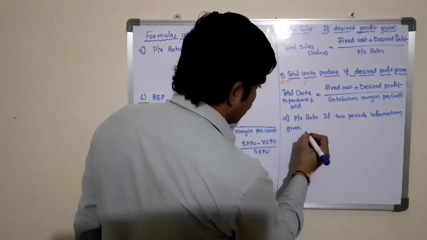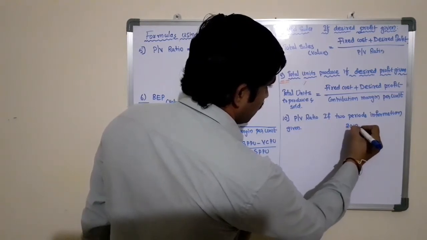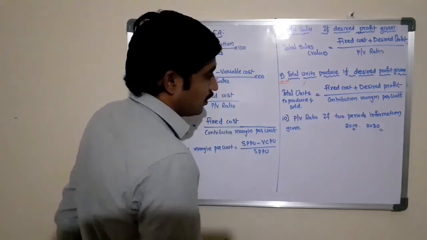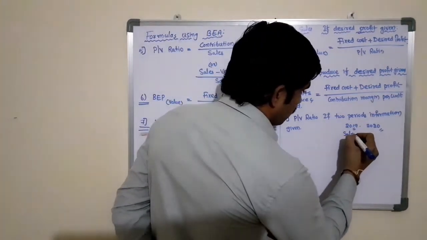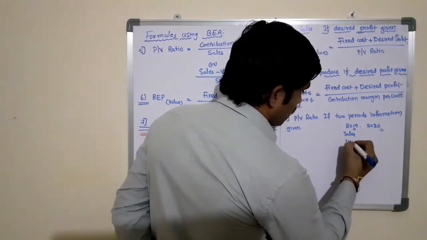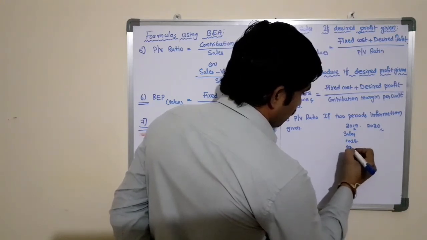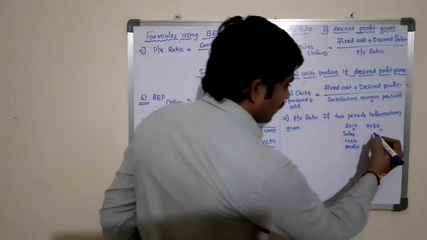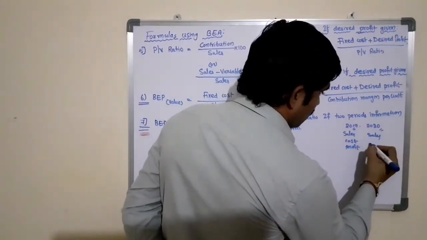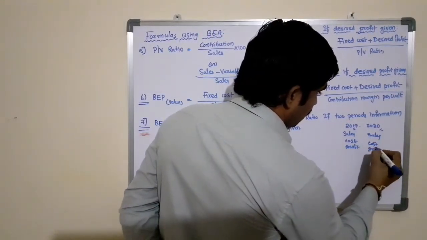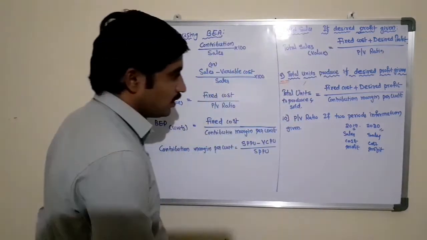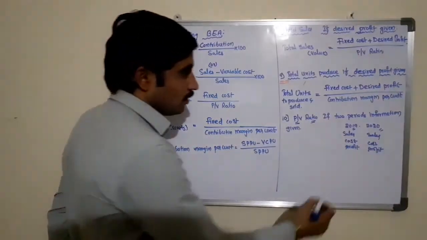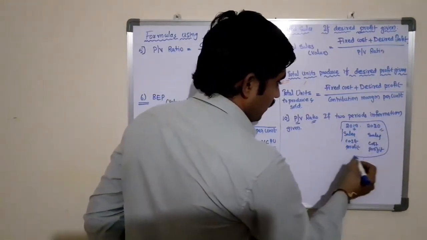For example, for the years 2019 and 2020, information is given in terms of sales, in terms of cost, and also the profit. Similarly, for 2020 also, sales, cost, and profit. Now the question is, calculate PV ratio. What is the PV ratio if this information is available?